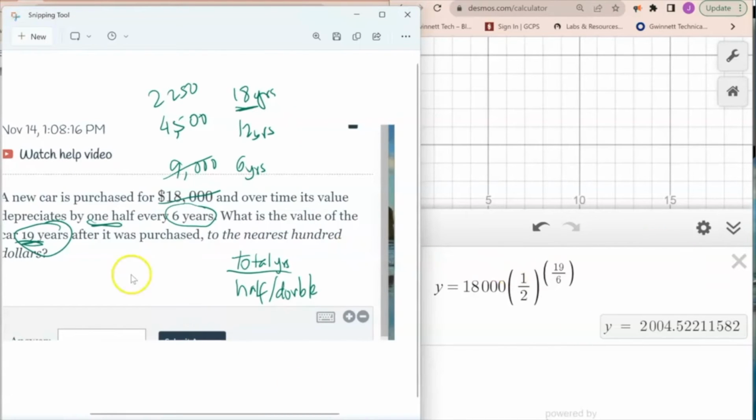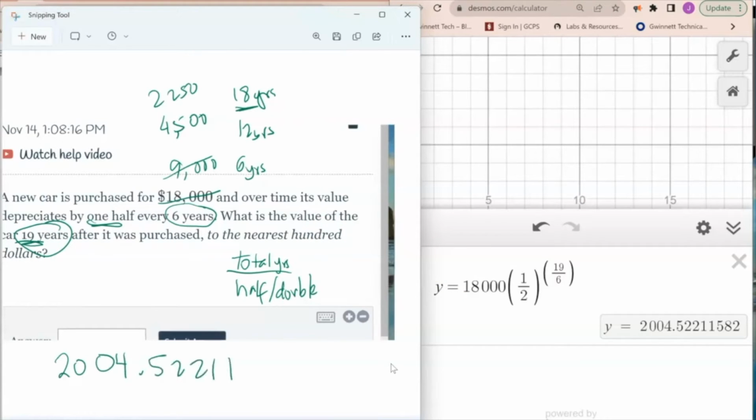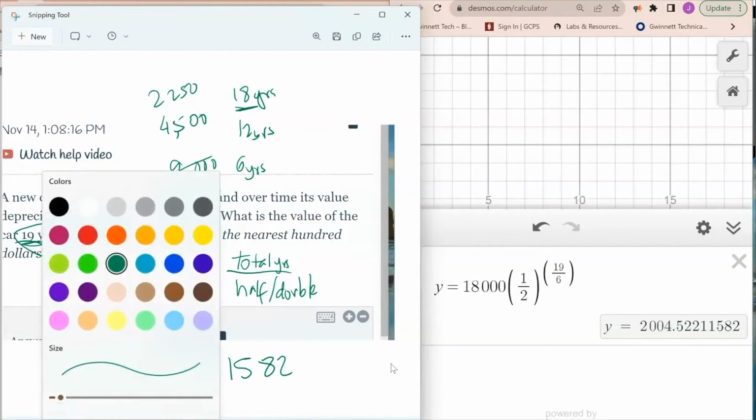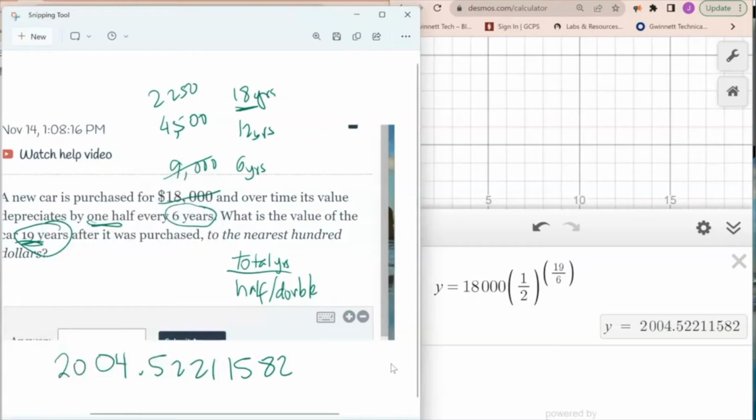Okay, so to the nearest $100. Okay, so this number is 2004.522111582. All right, nearest $100. Remember what we were talking about in class. This is the nearest dollar, the nearest tens of dollars, the nearest hundreds of dollars. So this is really what I'm looking for.